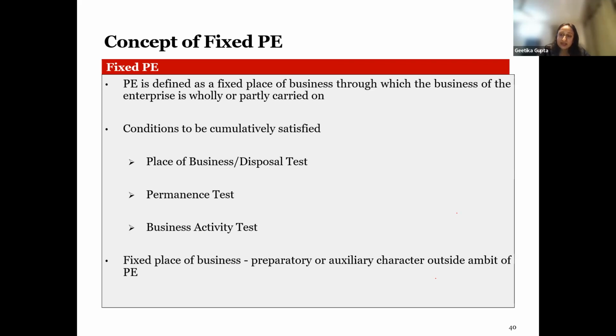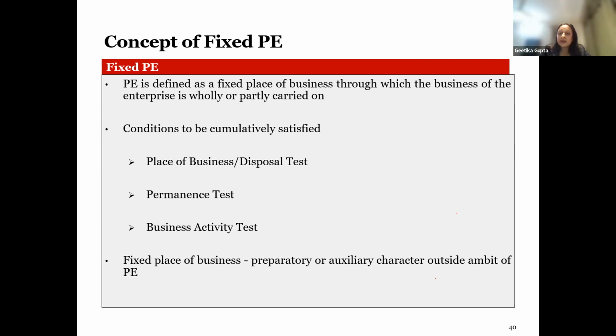What this means is that the foreign company has a place of business in India which is at its disposal. At its disposal means that the foreign company should have the right to use the said place and have control thereupon. So this is one of the first basic important conditions. Place of business disposal test. There has to be a place of business in India which is at the disposal of the foreign enterprise.